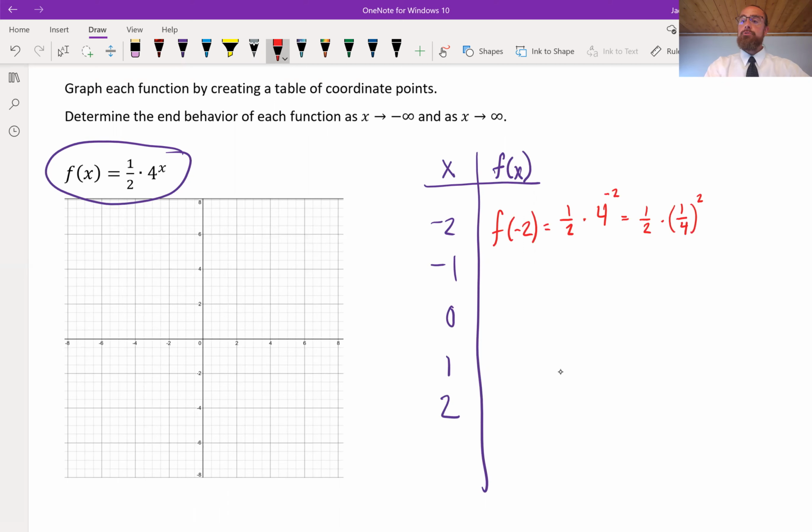And then I'm going to distribute that power of 2 to the numerator and the denominator. So this becomes 1/2 times 1 squared over 4 squared, which is 1 times 1 times 1, 1, over 2 times 4 squared is 16 is 32. Now as a decimal, 1 over 32 is 0.